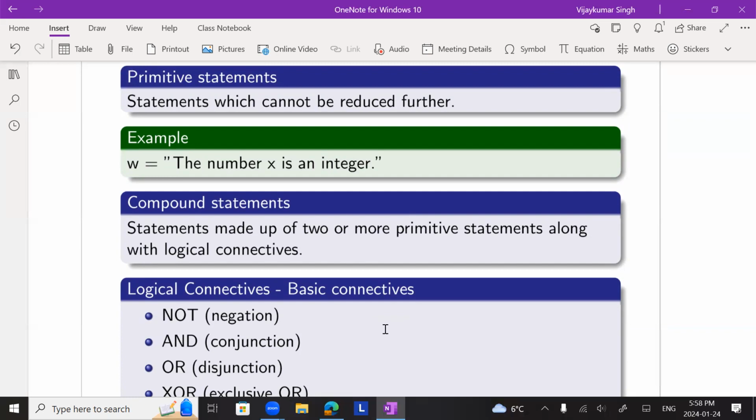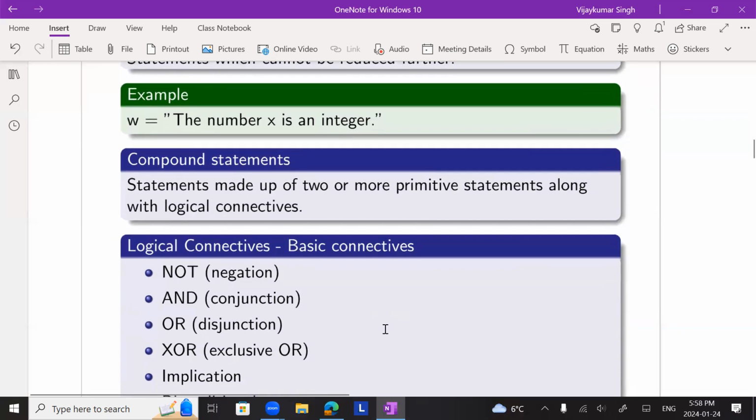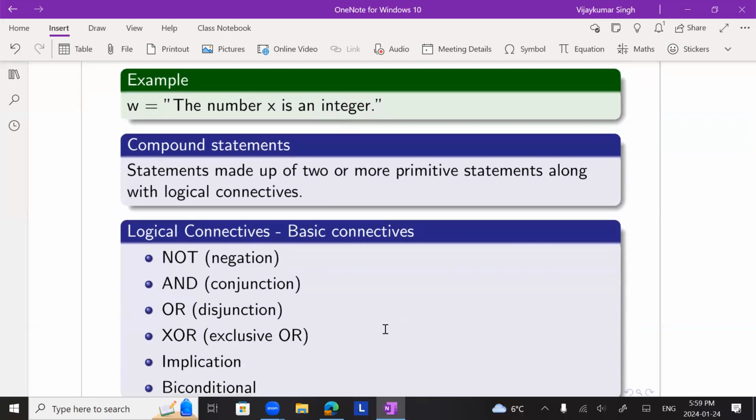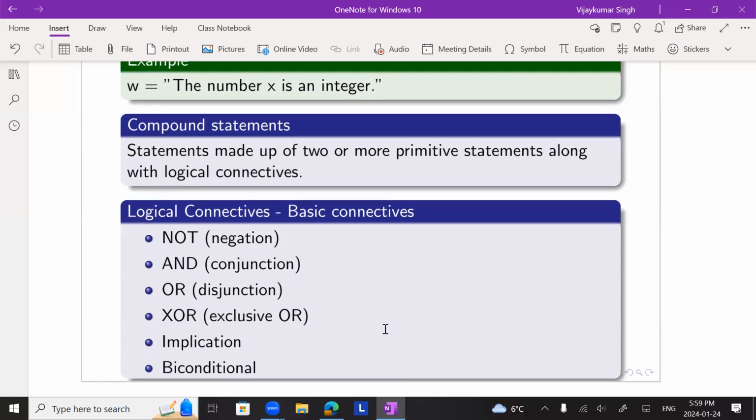Now, the goal of logic is to combine primitive statements and see what values are associated with them, whether true or false. Statements made up of two or more primitive statements along with logical connectives are called compound statements. So there are primitive statements and they are connected with each other.